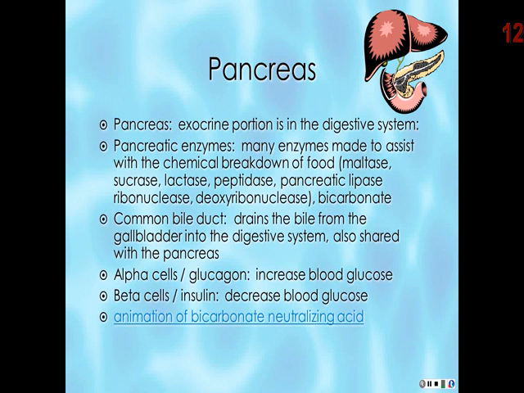We have an animation here of bicarbonate neutralizing the acid.